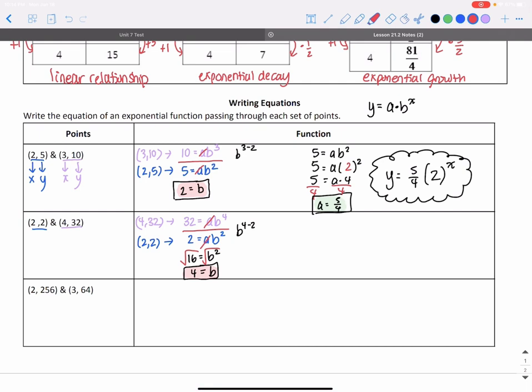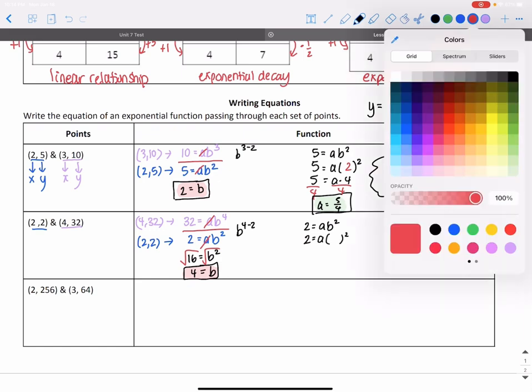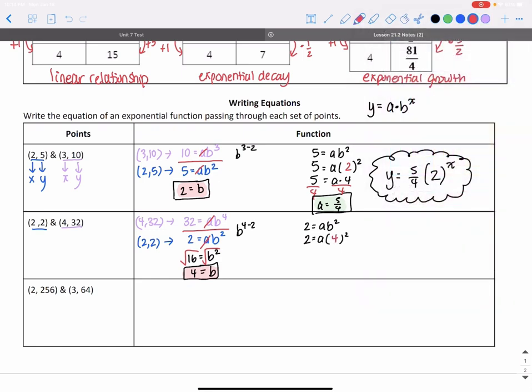And then I'm going to plug this b into one of the two equations. I'm going to use the easier one, so that's 2 is equal to a times b squared. So that's 2 is equal to a times 4 squared, because b is 4. And that gives me 2 is equal to a times 16.